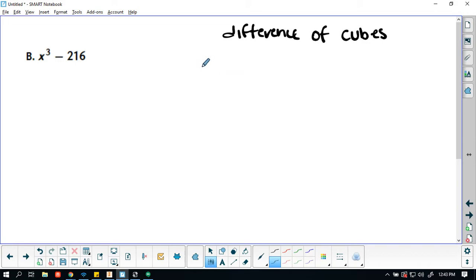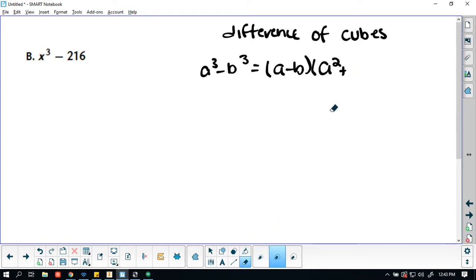The difference of cubes is a cubed minus b cubed equals a minus b times a squared plus ab plus b squared. Now I just need to identify what a and b are.